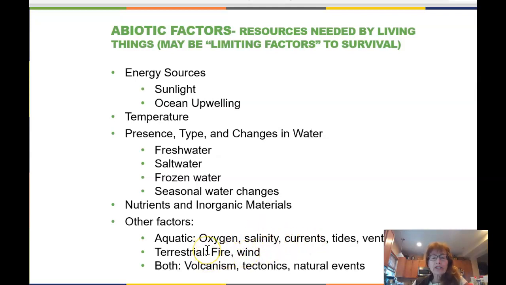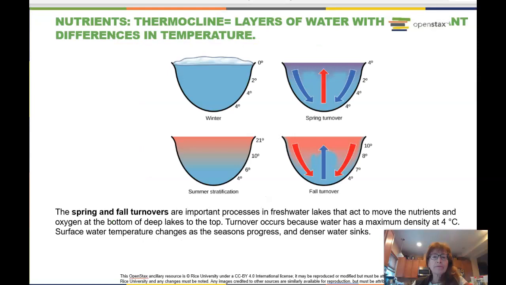We could look at the terrestrial areas in terms of fire and wind, and anything that's sort of the extraordinary situations where we have movement of the plates or volcanic activity, etc. So all those things are contributing abiotic factors, which will influence what can and will survive in an area.